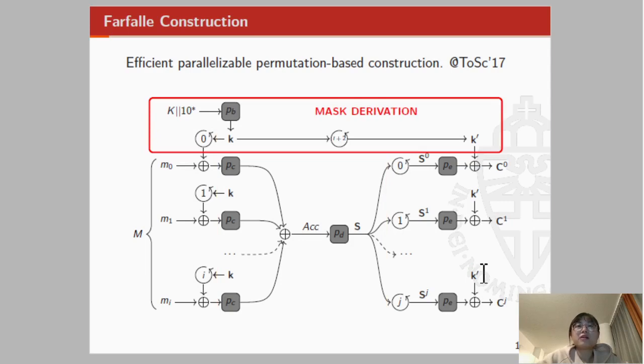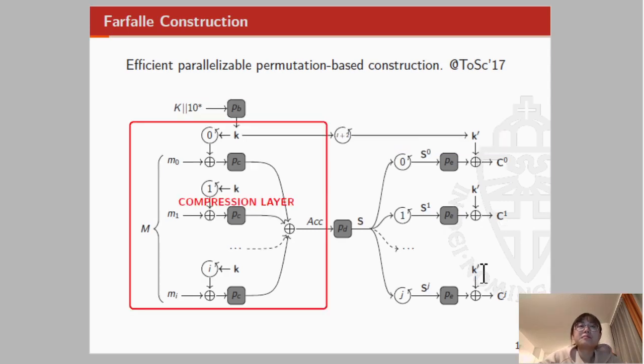From another point of view, this construction has three parts. The first part is mask derivation. The secret key is padded into a string and then handled by the permutation PB to generate the input mask and output mask key prime. The second part is the compression layer. In this part, the message M is divided into many blocks.